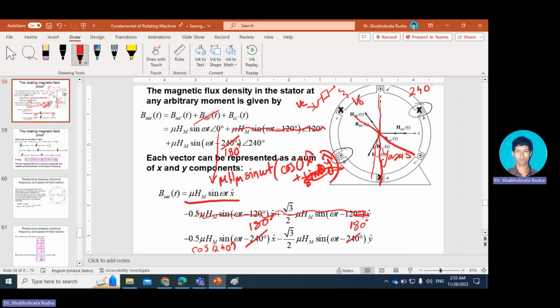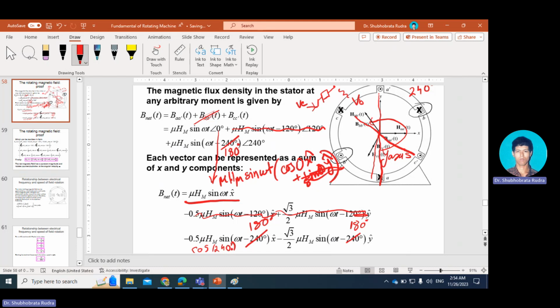Now, if that is the case that A and C are 240 degree apart, you have to take the measure from this direction anti-clockwise.